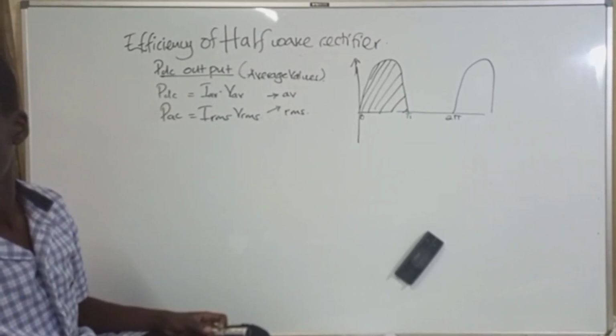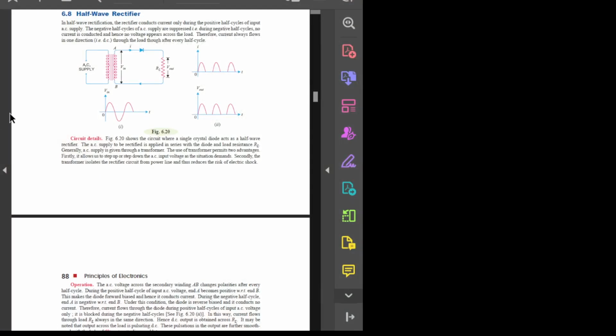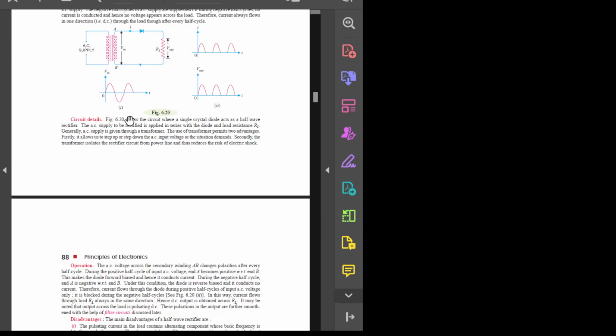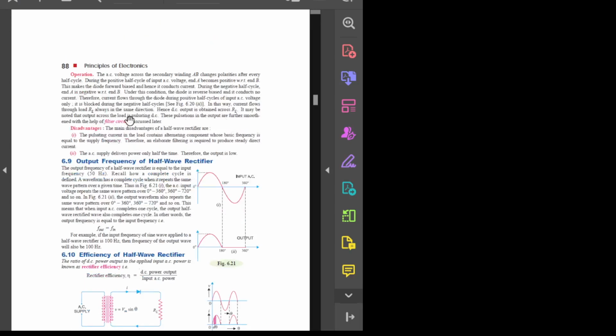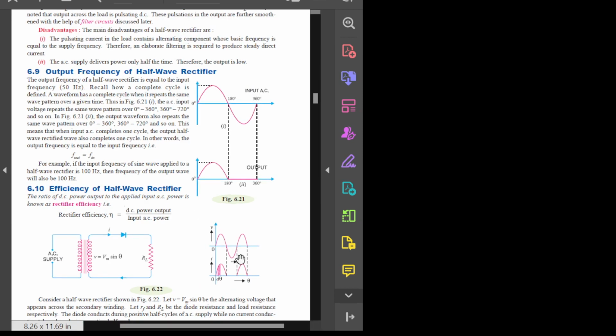So here we are. You can see here that we are going to calculate for the average values, but the average power being contained in such a circuit is just right here, okay? It is only within this half of the cycle, okay?